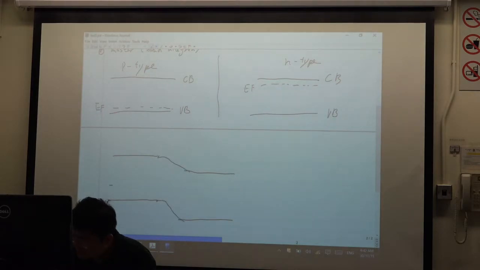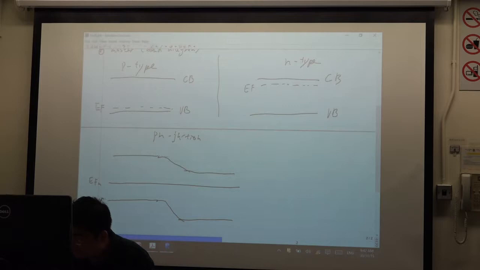So they have the same Fermi level, finally. This is the PN junction. This is the same Fermi level.